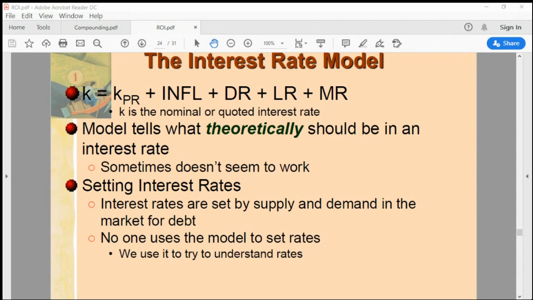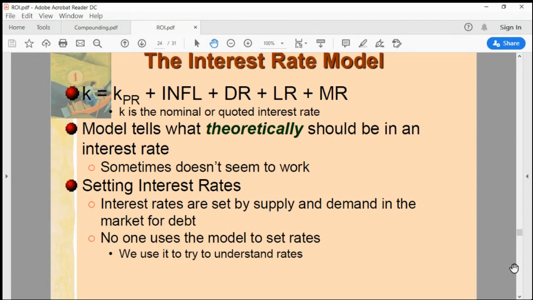In our last video, we talked about the different types of risks that are involved in basically lending, right? In investing.